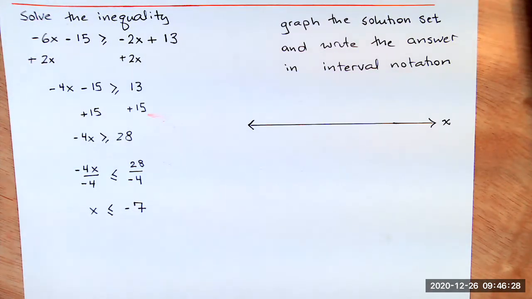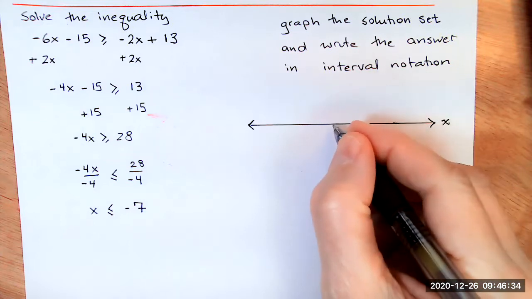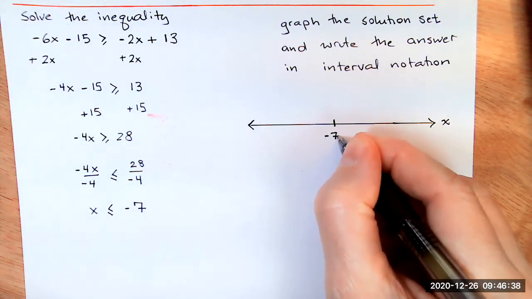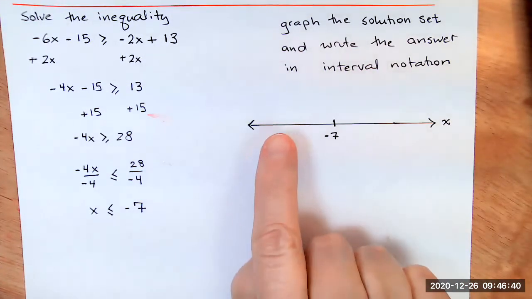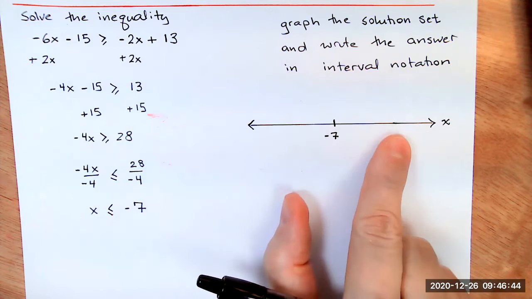All right, now let's graph the solution set and write the answer in interval notation. So my boundary value is at negative 7. So we have one boundary value. That means we have 2 regions to check.